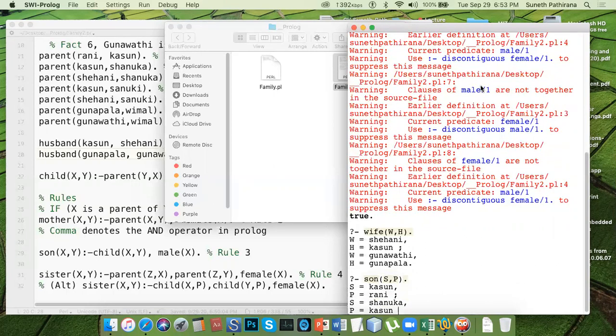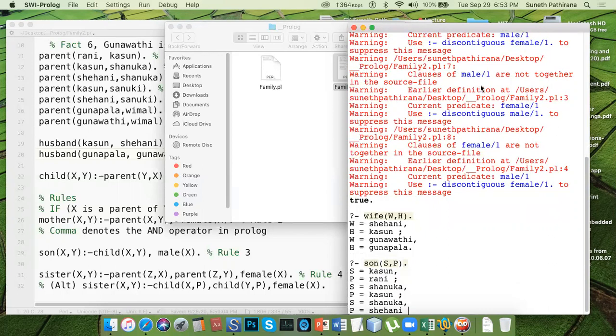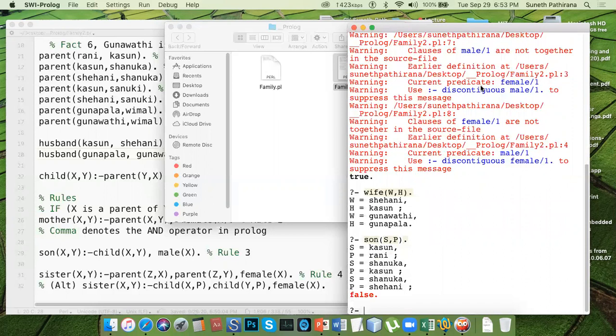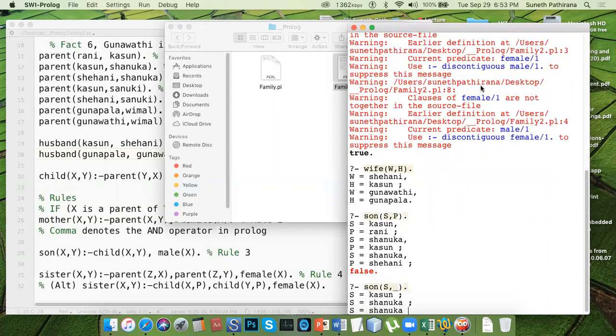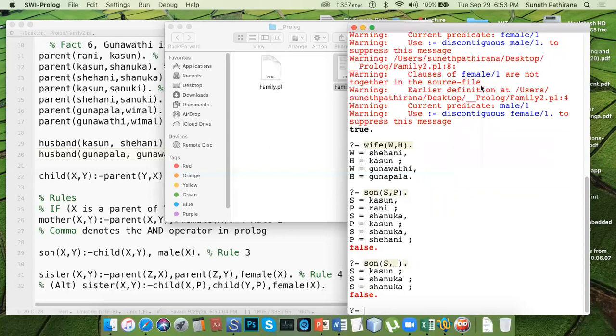Then Shanuka is a son of Kasun, and Shanuka is a son of Shehani. That's all. If you don't need the name of the parent, you can use the underscore. Then Kasun, Shanuka, that's all. Shanuka becomes a son twice, for both of his parents.